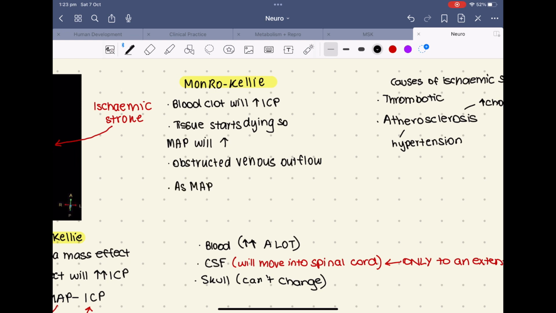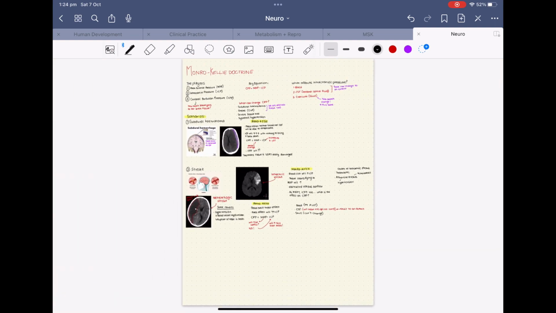So, as mean arterial pressure increases, intracranial pressure will increase. And unfortunately, the overall effect on cerebral perfusion pressure is that it will decrease. And that's why all these events are so serious. So I've just given you the answer there about what happens to CPP, but think about that.